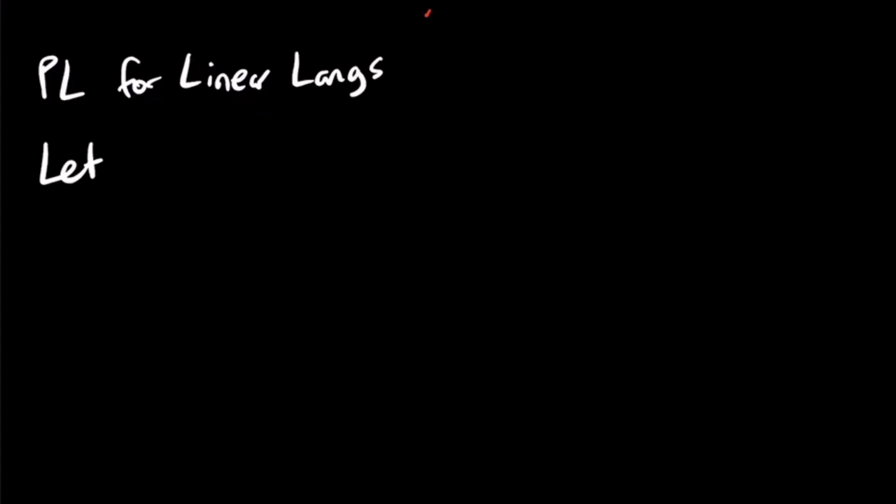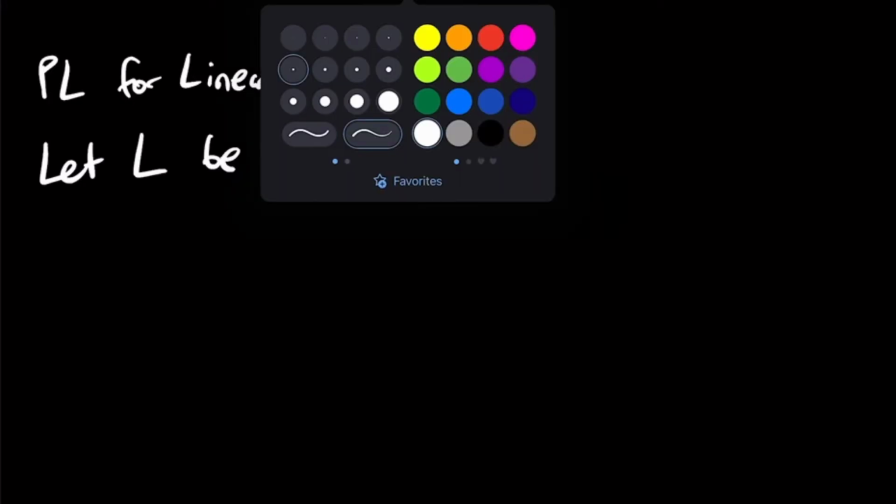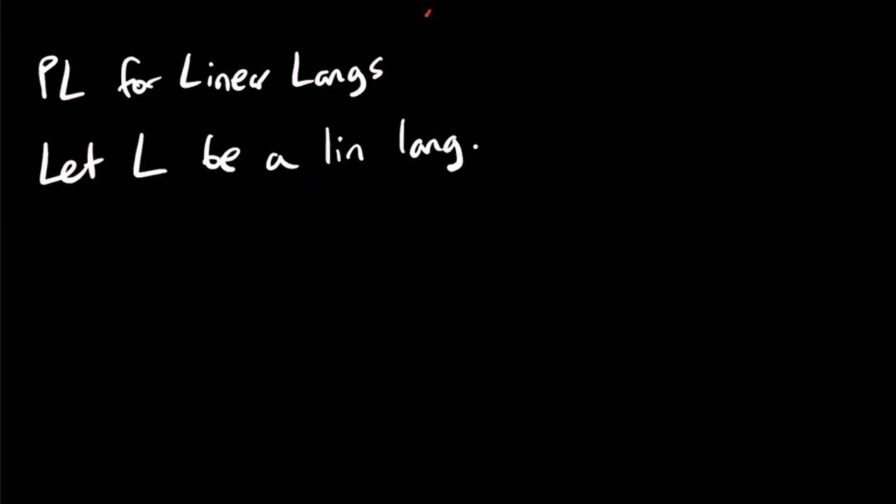So let's go ahead and state the pumping lemma for linear languages. So this is the, not R, pumping lemma for linear languages. So let's let L be a linear language. Then this is going to be very similar to other pumping lemmas.